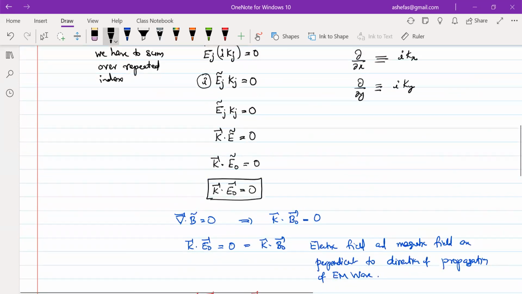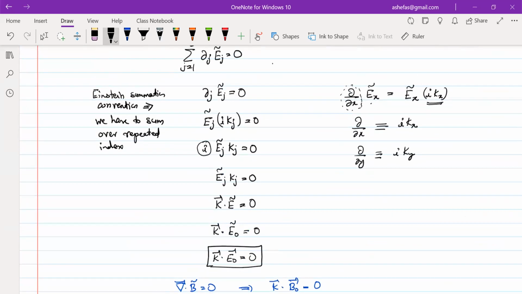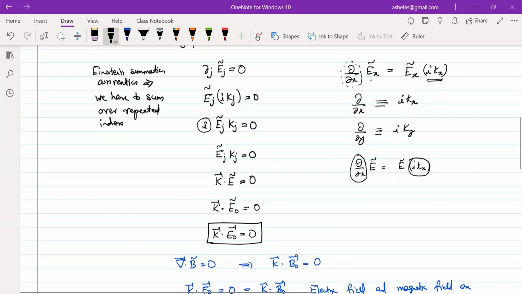We have discussed that earlier: dou by dou x of Ex corresponds to multiplication by Ikx. So in general, derivative with respect to any variable acting on the electric field gives I times the corresponding component of the k vector.